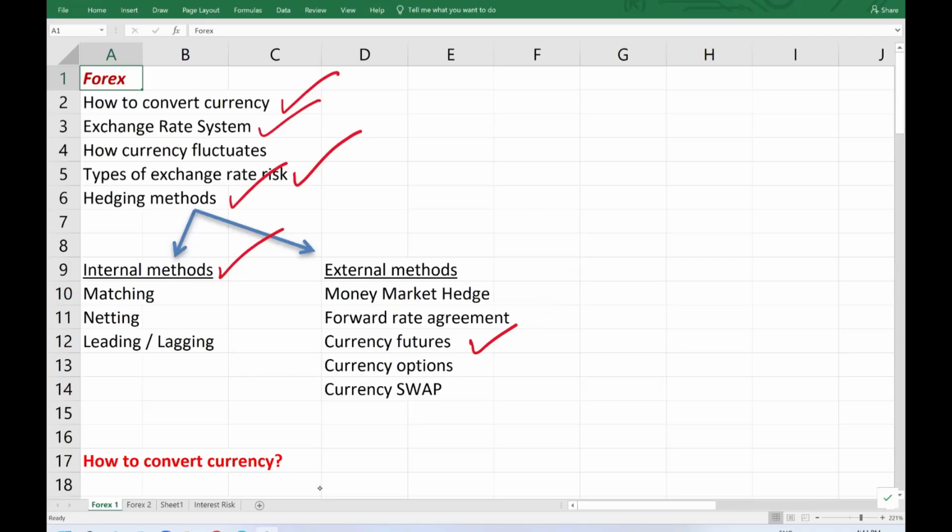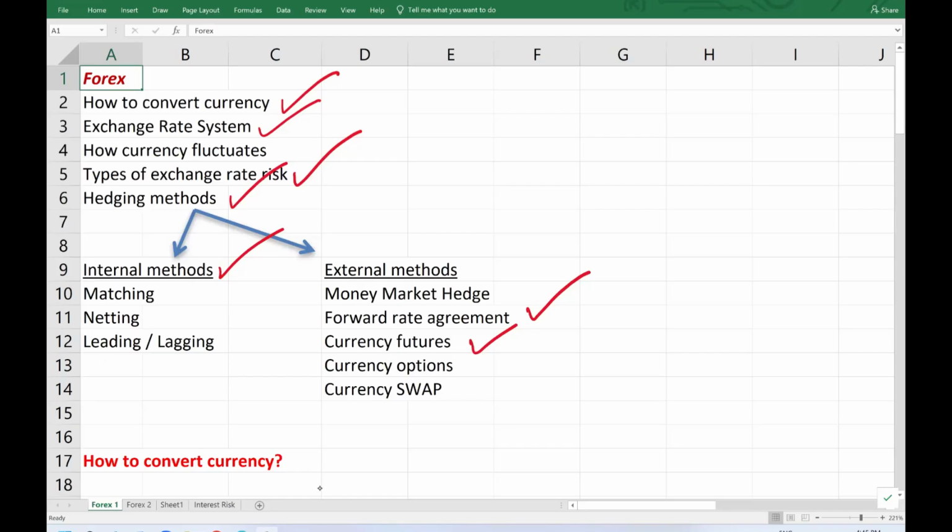Currency future is similar to a forward rate agreement. It's a contract. Just like a forward rate agreement is a contract, a currency future is also a contract. The difference is that a forward rate agreement you make with a local bank, maybe.